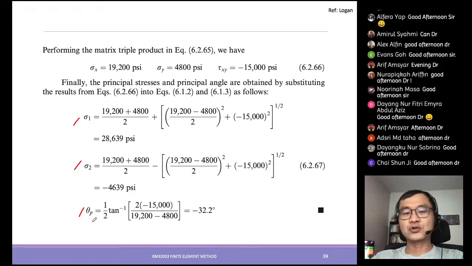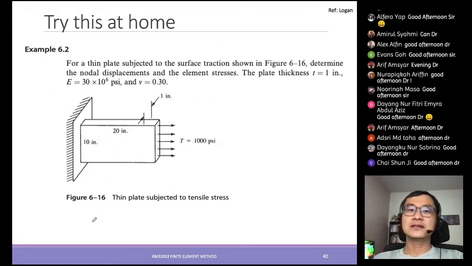So these are the 3 pieces of stress information that you may obtain from the finite element software. This is how they compute it, all right, using the CST elements, right?